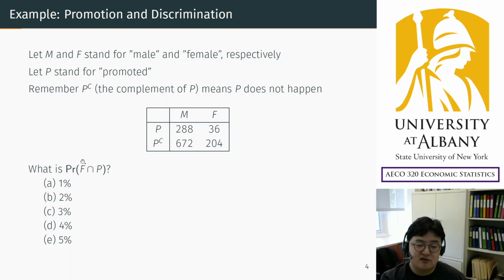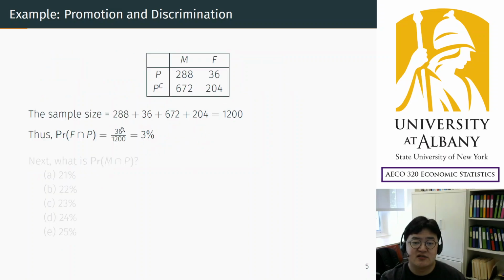So this event includes those who satisfy two conditions at the same time, F and P, so only one type, one outcome, is included here. The total observation is 1200, and the probability of the intersection is the ratio 36 out of 1200, which is only 3%. So there are 3% promoted female police officers in our data.